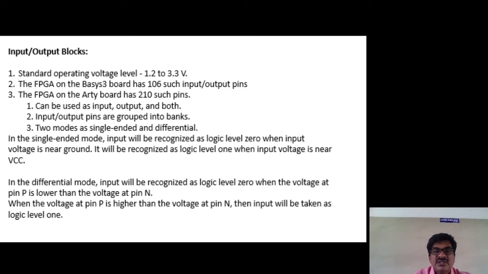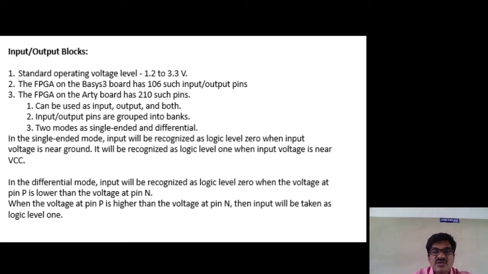These input and output pins are grouped into banks, and in each bank 2 pins are grouped as positive and negative pairs. The modes of operation of these pins are single-ended mode, differential mode, and sometimes reference mode also.